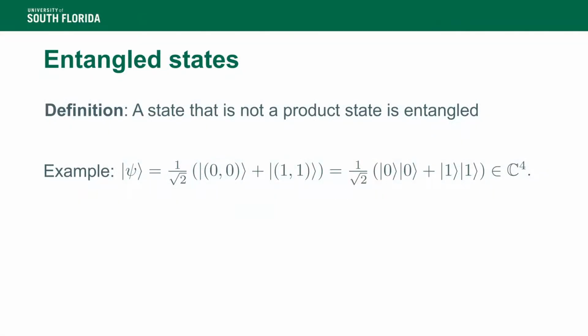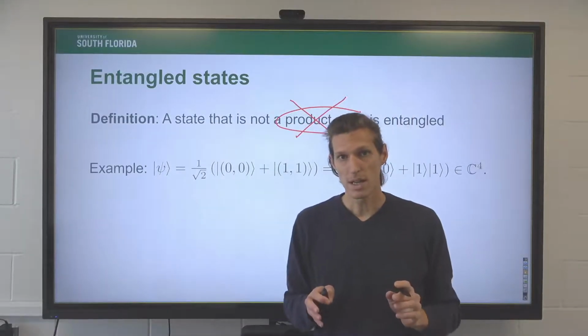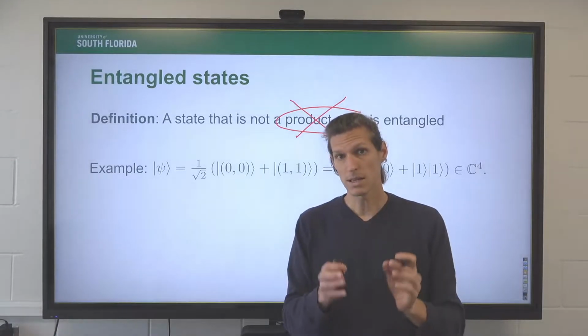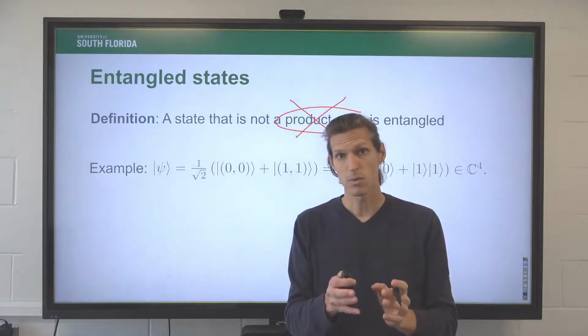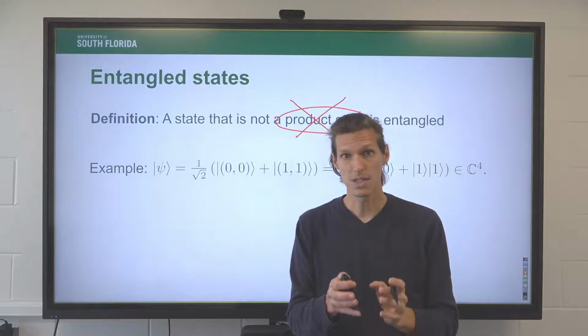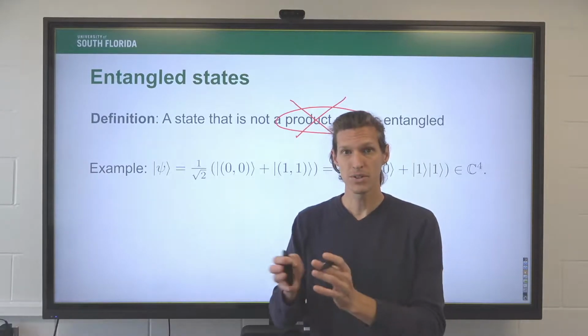Entangled states are the systems where the state is not a product state. So if you're not a product state, it means that the vector that represents your state is not a pure tensor.